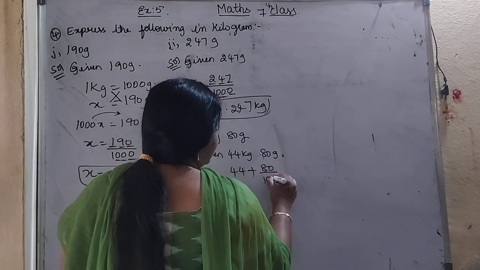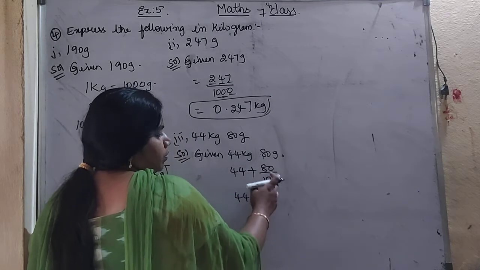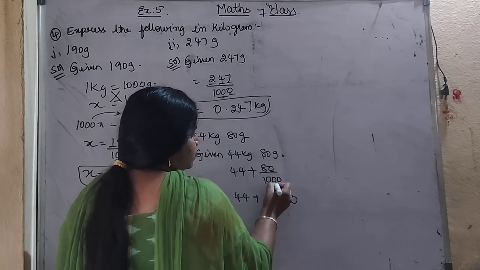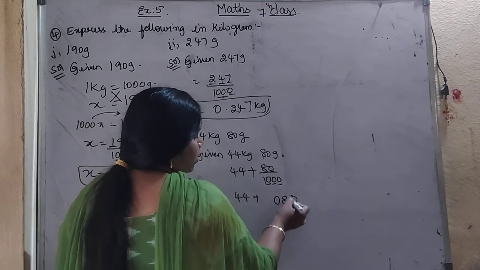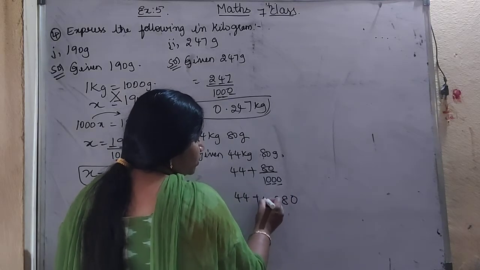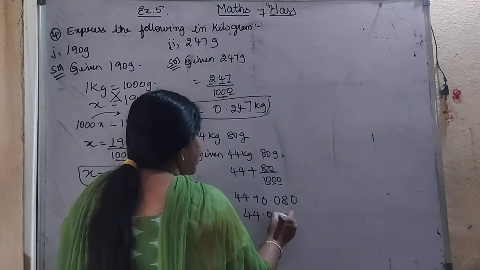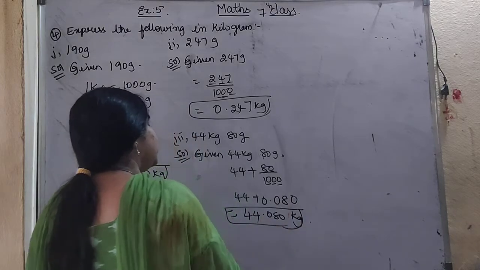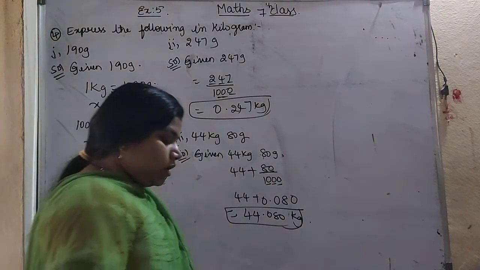So 80 by 1000, plus 44. There are 3 zeros, so before 3 numbers you have to place a point. First zero first number, second zero second number, third zero no number, so 0. Numbers completed, zeros completed, 0.080. If you add these two, that will be 44.080 kgs. So we have converted 44 kgs 80 grams into 44.080 kgs. So this is our fourth bit.